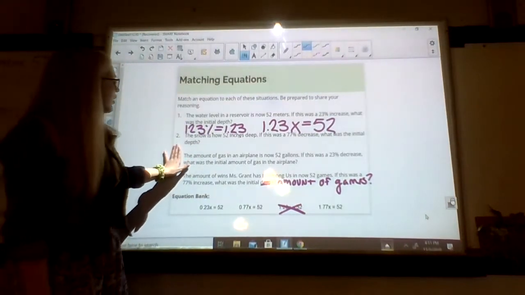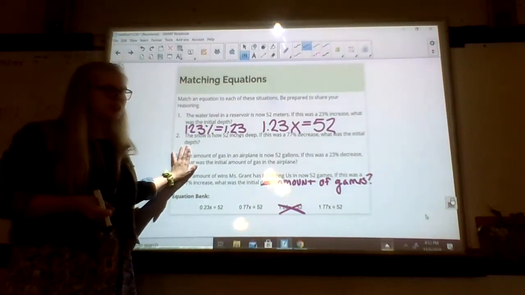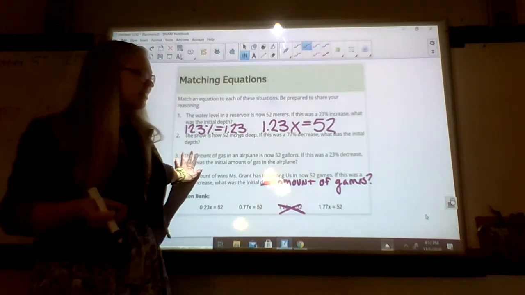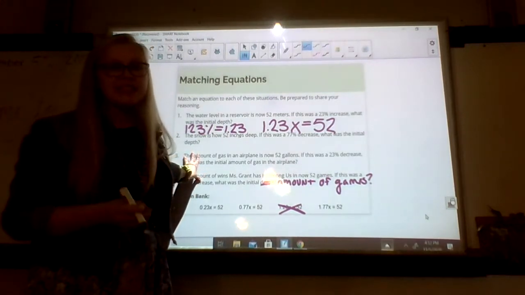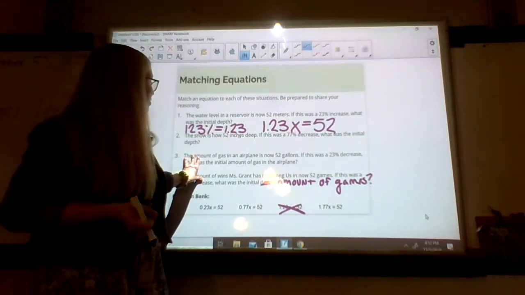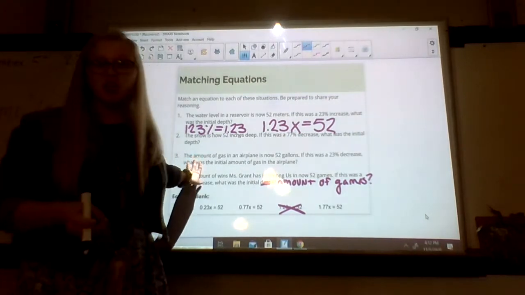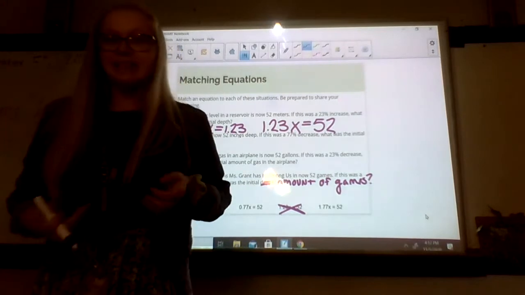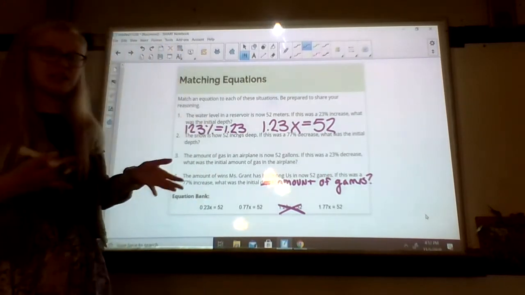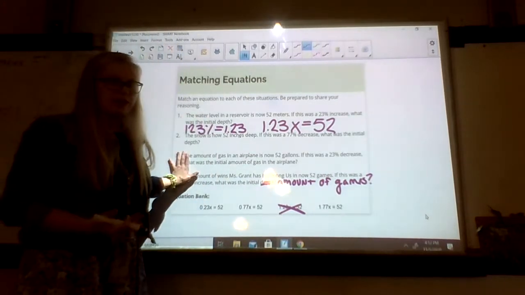The next one. The snow is now 52 inches. This was a 77% decrease, and I want to know what the initial depth was. So if this is a decrease, I'm actually going to take 100 minus 77, and that's going to be the percent that I'm trying to find.